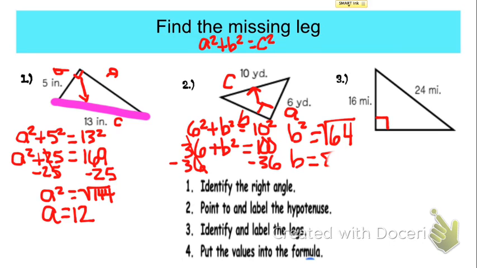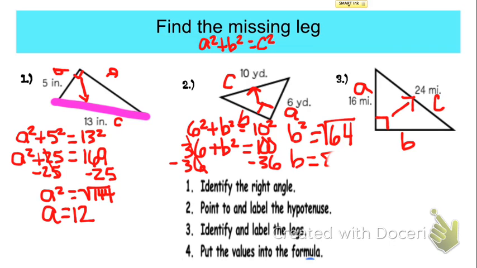Point to and label the hypotenuse. So go ahead and take a second and do that. Now identify and label the legs. So we're going to identify this is leg A and this is leg B. Now we're going to put the values into the formula. So go ahead and take a second and do that on your own.